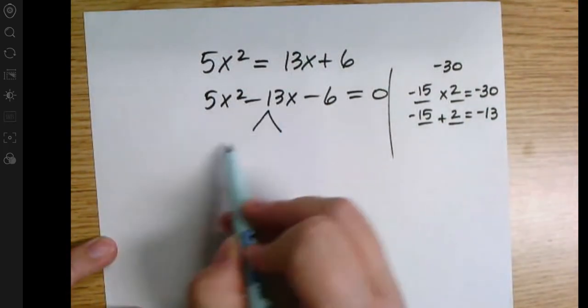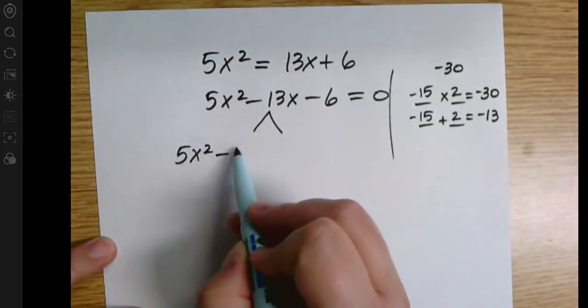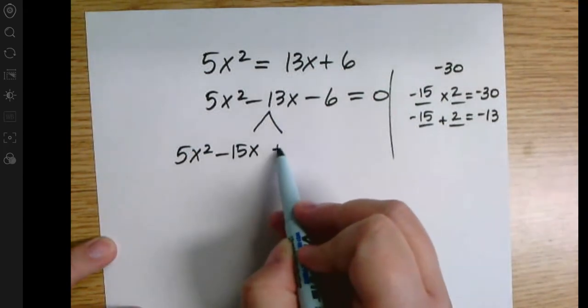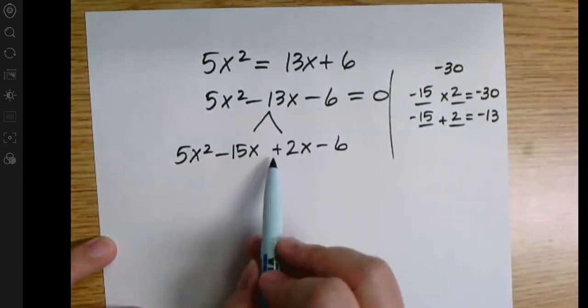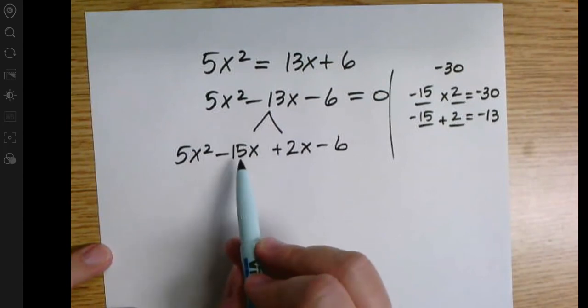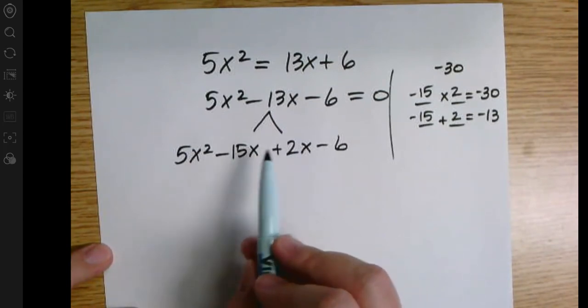So I'm going to split up the middle term as -15 and +2. And remember, because I want that plus in the middle, that's why I chose this order. If you did it in the opposite order, it would not be a big deal.